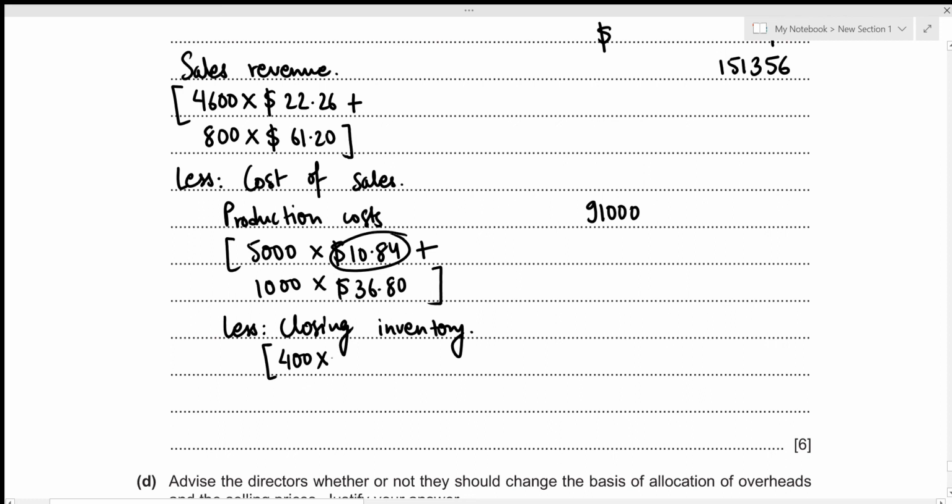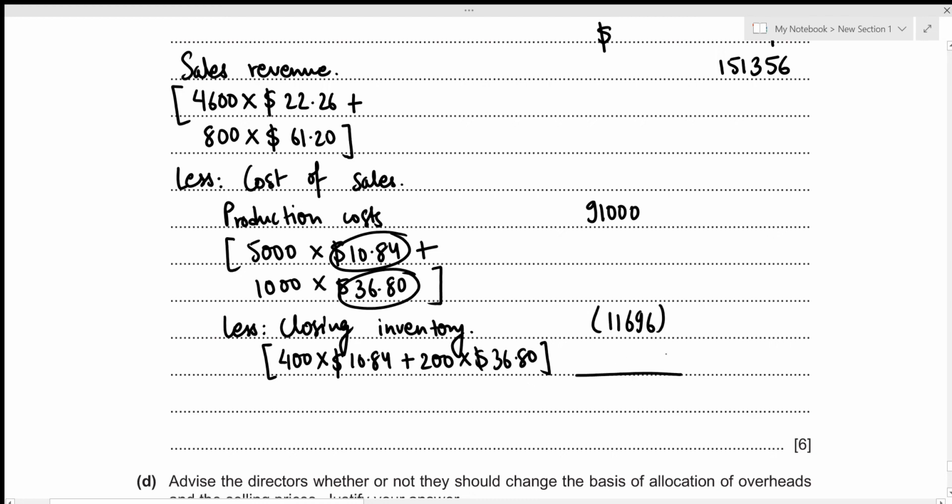So we can just multiply it with that. Plus, for large sizes, the closing inventory is 200 and we are going to multiply it with the production cost again, which is 36.80. Okay, this gives our closing inventory to be 400 times 10.84 plus 200 times 36.80, which results in 11,696, which needs to be subtracted. So I'm just going to put it in a bracket.